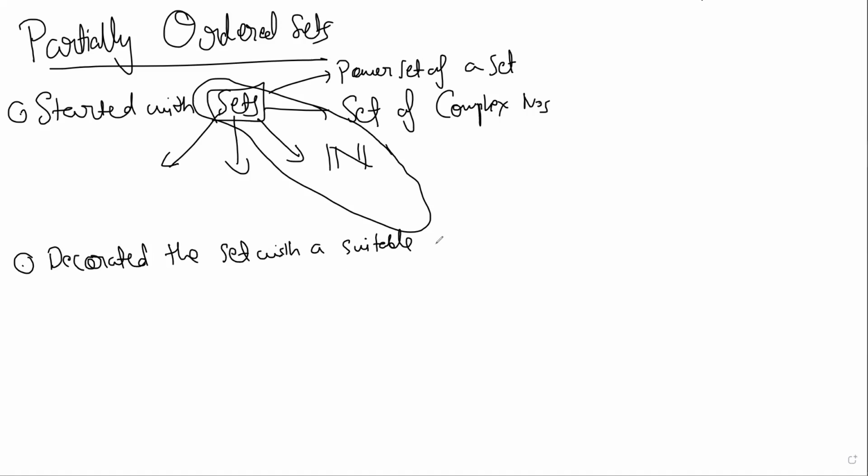Decorated the set with a suitable order. Or basically, to put it in more layman terms, we tried to introduce a sensible notion of comparing the objects of the set. Okay, comparing natural numbers in a different way than the usual comparison, or comparing complex numbers in some way.